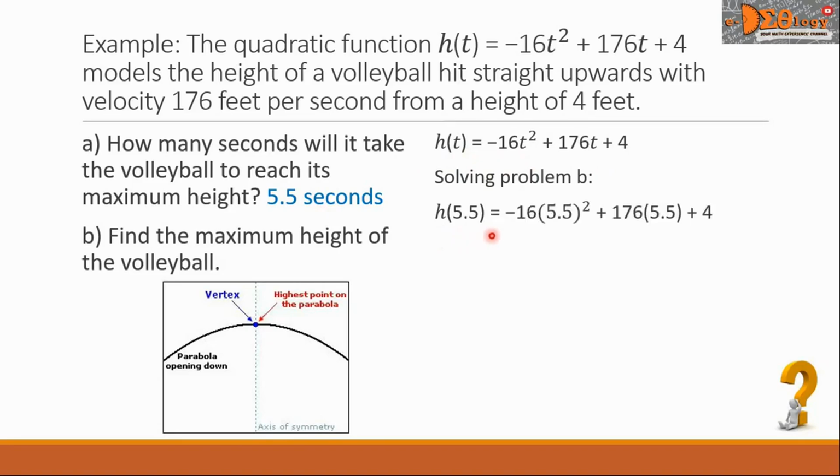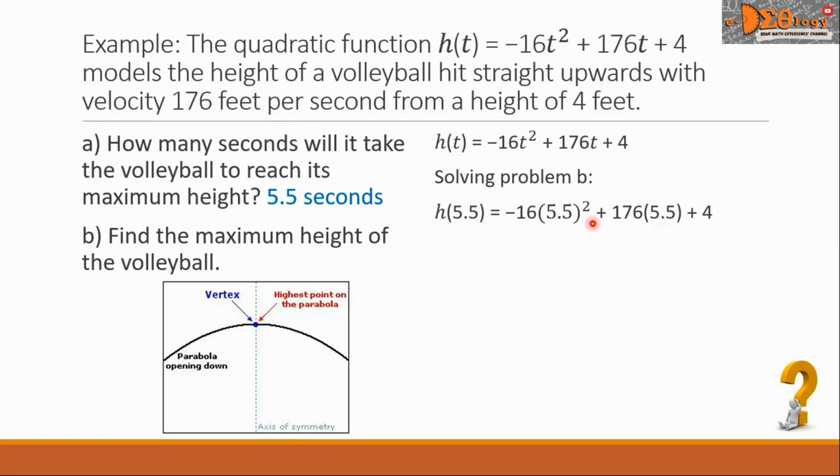So we have now negative 16 times the square of 5.5 plus 176t, and the t is now changed into 5.5. Then we copy this plus 4.